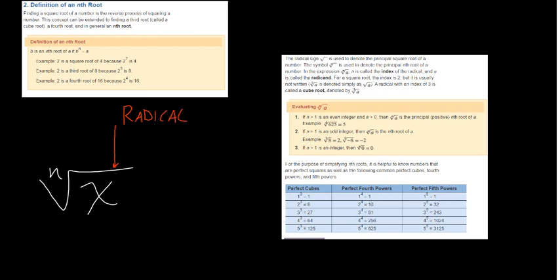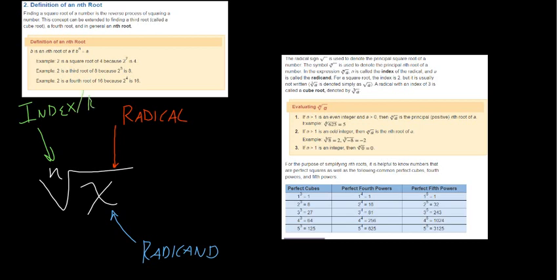The number or variable or whatever is inside the radical, we call that the radicand. And then this number that we put inside the little divot, we call that the index, or the root.